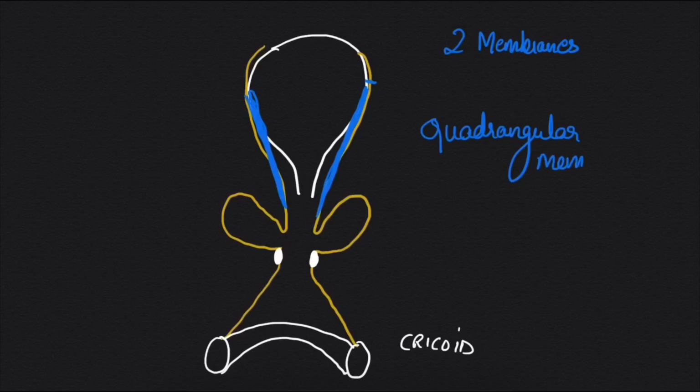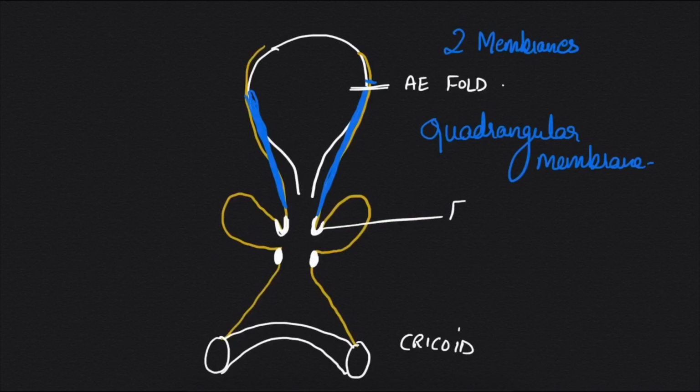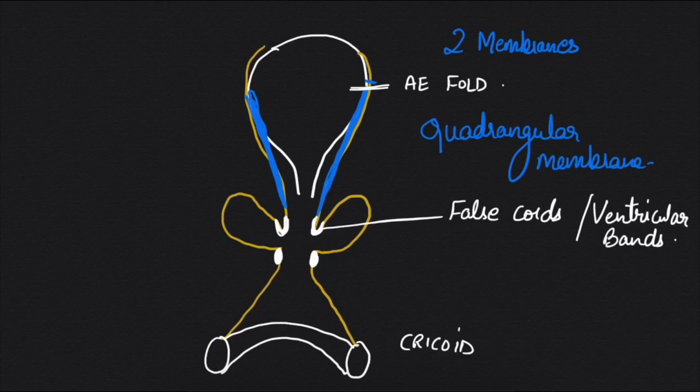Now if you see the margins or the boundaries of this quadrangular membrane, superiorly it is extending till the aryepiglottic fold, and inferiorly it is thickened to form the false vocal cords. So the false vocal cords are made up of thickening of the inferior margin of the quadrangular membrane. These are also called ventricular bands.